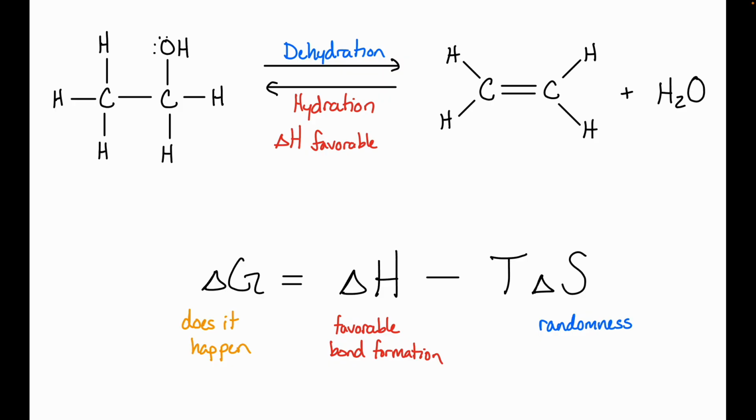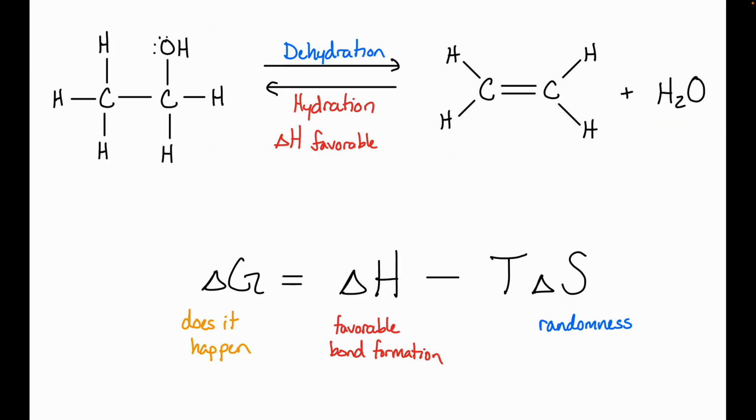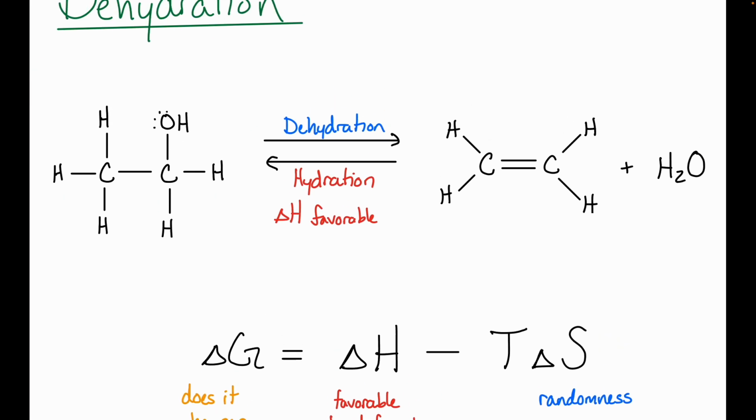And it's entropically favorable to take a big molecule and break it up into these two small pieces. When we take something big and break it into two little pieces, we create more randomness. So dehydration is more favorable from a delta S standpoint.